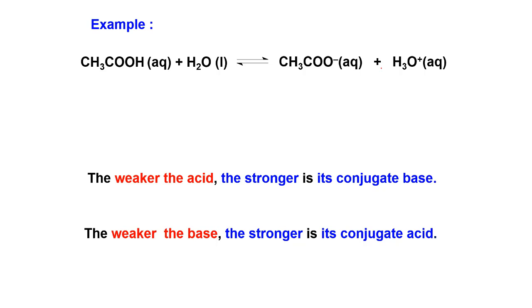Jadi, sekarang ni kalau kita lihat kembali according to Bronsted-Lowry definition, acetic acid kita ini adalah Bronsted acid. Why? Because it donate a proton to water. And water, it is a base. Bronsted-Lowry base. Because it accept a proton.